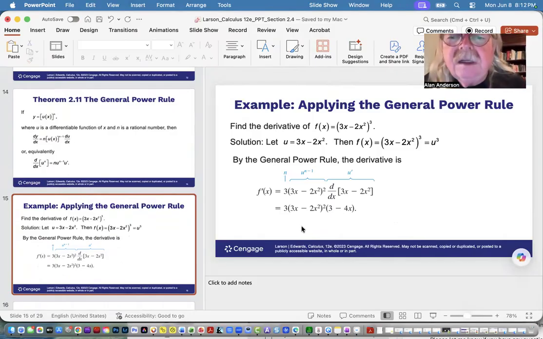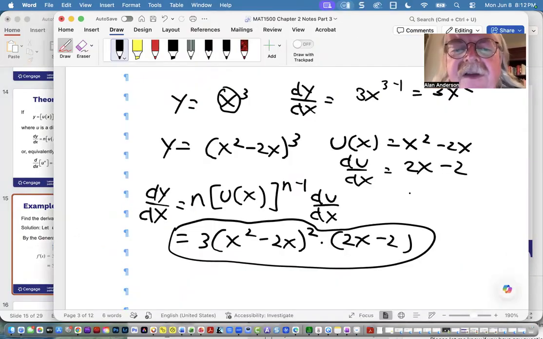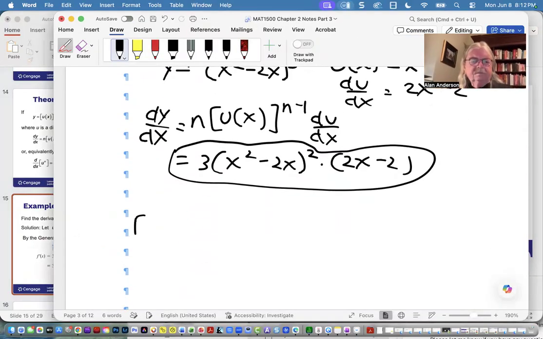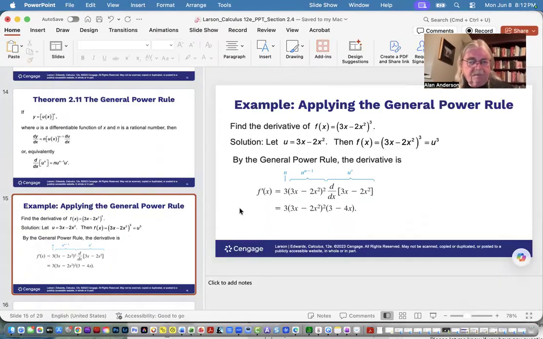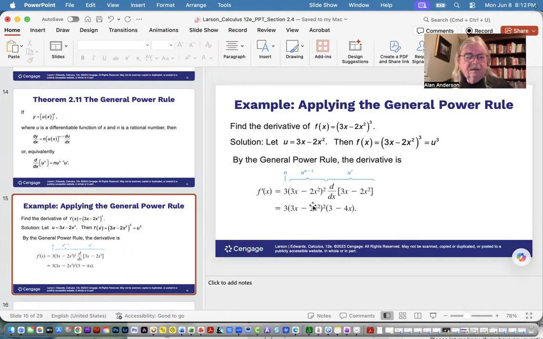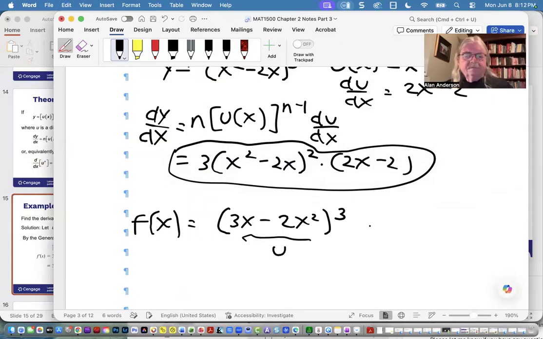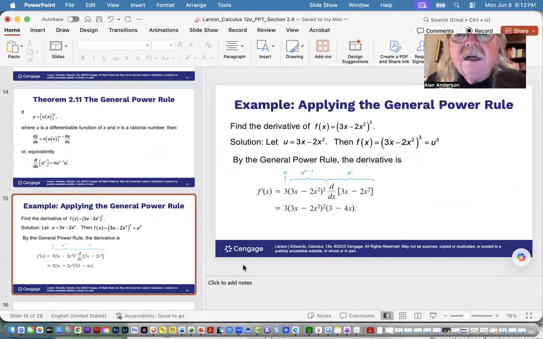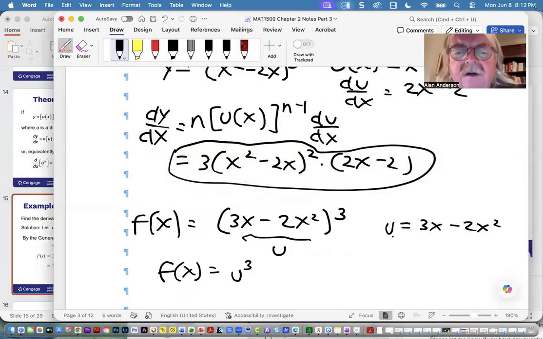All right. Now they're going to give us one in terms of f of x. Same thing. f of x equals 3x minus 2x squared, cubed. Now we're going to let this be u so that f of x is actually u cubed, which in turn is what you see there.